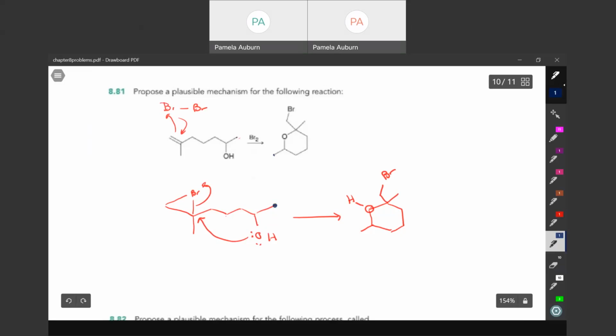This is this one coming off of that. So that's what I get first. And of course, this is going to have a positive charge and a lone pair of electrons. And in the next step, it is going to have to get deprotonated. And I haven't specified a solvent for this reaction. So the only thing I have available for proton transfer is the Br minus that I got from that first step.